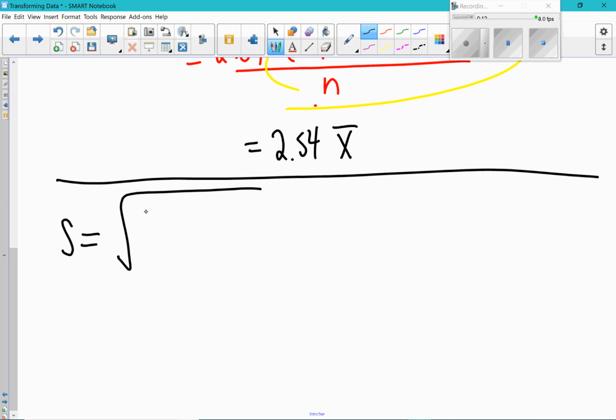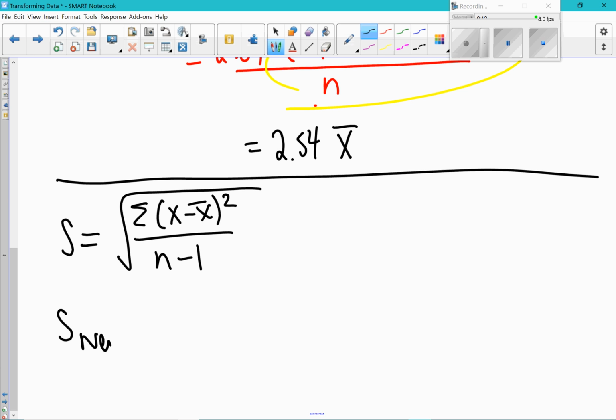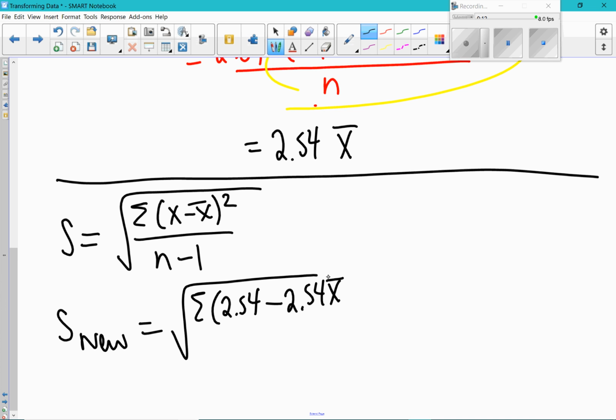Okay. And I'm sure you have an idea right now of what you think the new standard deviation would be. The standard deviation formula is, again, the square root of the sum of x minus x bar all squared, divided by n minus 1. Our new standard deviation, remember, is dependent upon our new mean. Same logic as before, I'm going to take every value of x and multiply it by 2.54. That means my new mean is also going to be 2.54 times x bar, all squared divided by n minus 1.